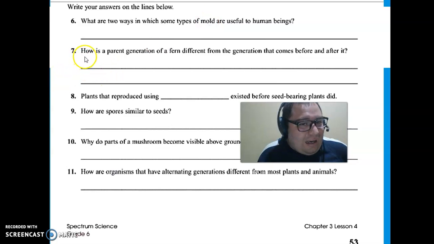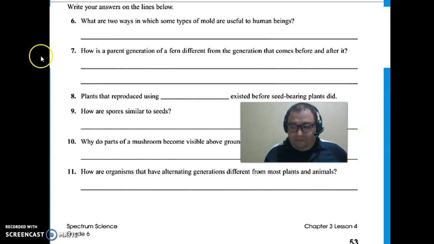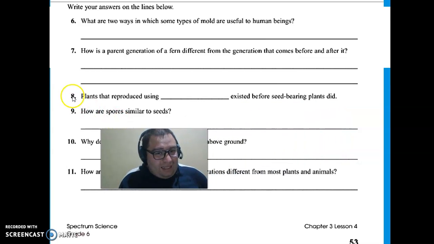How is a parent generation of a fern different from the generation that comes before and after it? This is talking about the generations of ferns, right? The other question is about plants that reproduce using spores before seed-bearing plants did.